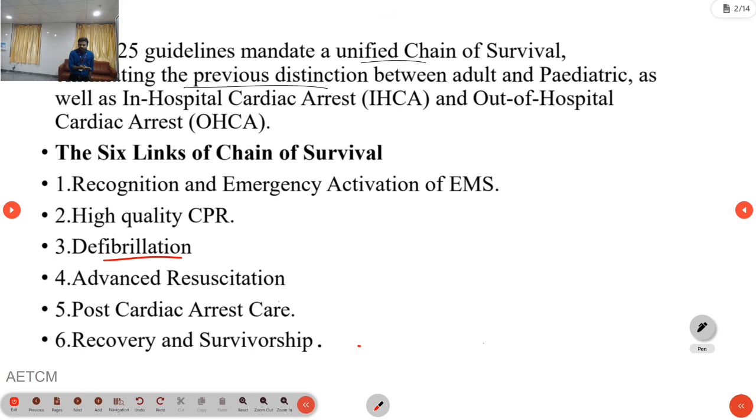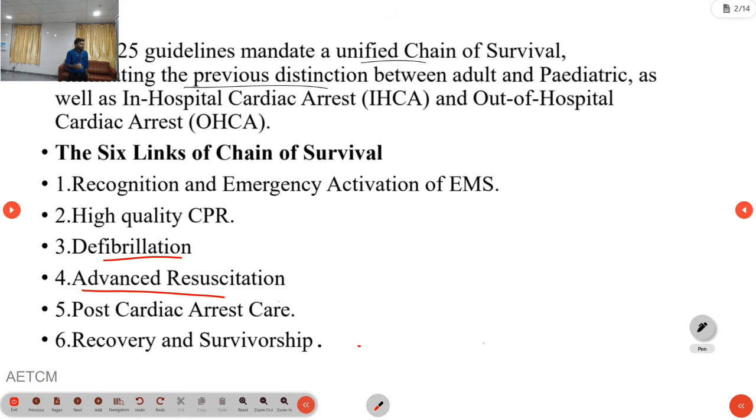If it is outside of the hospital, we have already activated the emergency response system, and they might get an AED so that we can use it as early as possible. If it is in-hospital cardiac arrest, we can perform defibrillation with a manual defibrillator. The main advantage of defibrillation is that it will eliminate the abnormal rhythm and restore normal sinus rhythm.